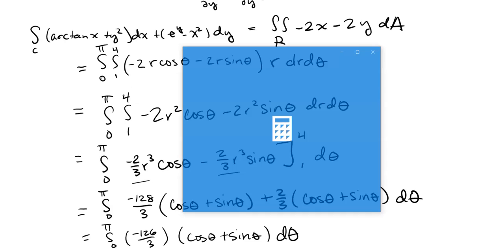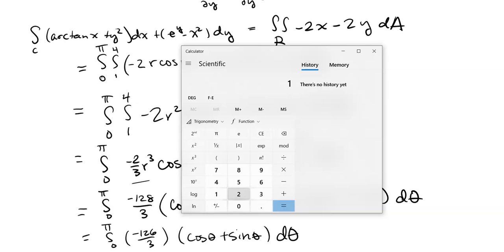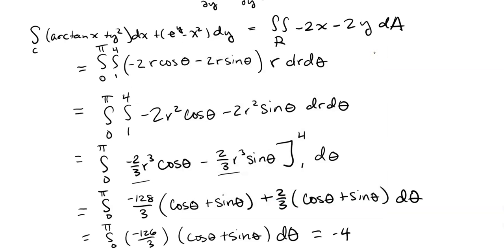And just to double check, 126 divided by 3 is just 42, so really we just have -42 out front, and then we've got cosine theta plus sine theta d theta.